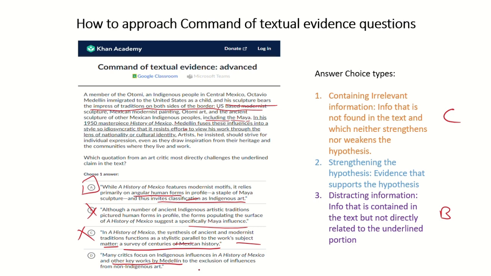And it's just commenting on what some critics choose to focus on, rather than trying to weaken this hypothesis. So even this option D belongs to the category of wrong answer choices. So that's how we know the answer choice A is the correct one. That's it.